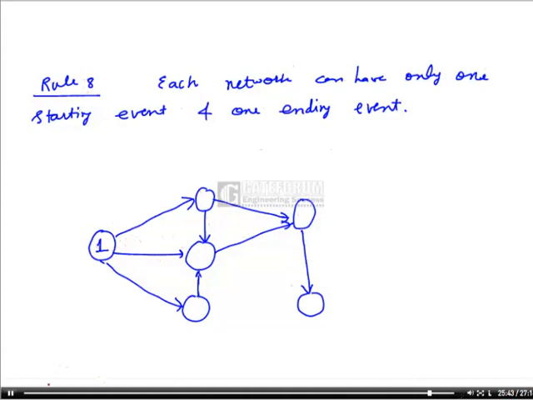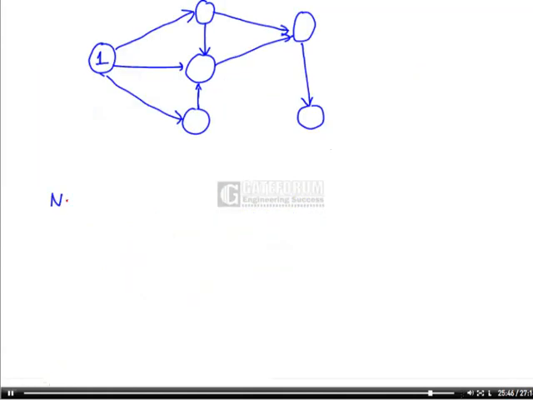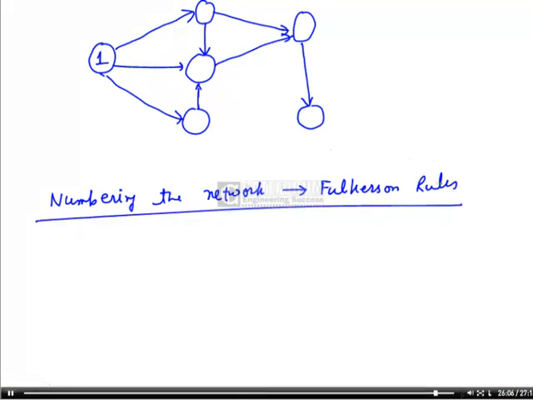This is how we number the network, using the Fulkerson rule. So first the starting event is numbered as 1, and then the rest are 2, 3, 4 this way. So I will write 2 here, 3 here, 4 here.